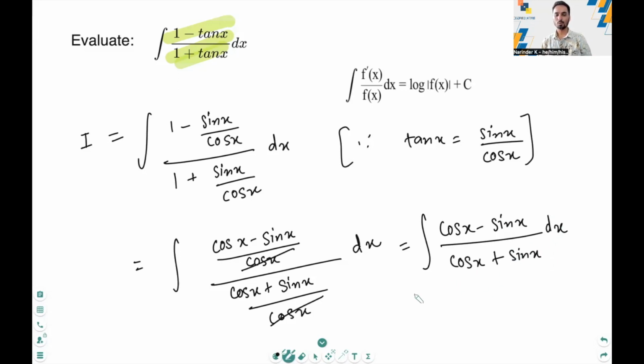Now, if you observe carefully the denominator and the numerator here, we will find a relation, which is that we know that the derivative of sin x is cos x and the derivative of cos x is minus sin x.